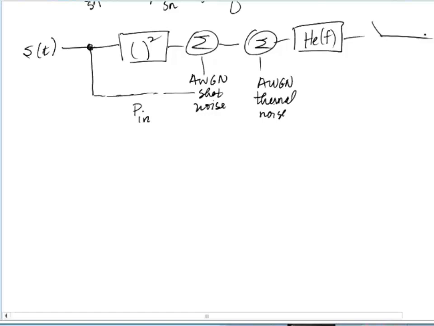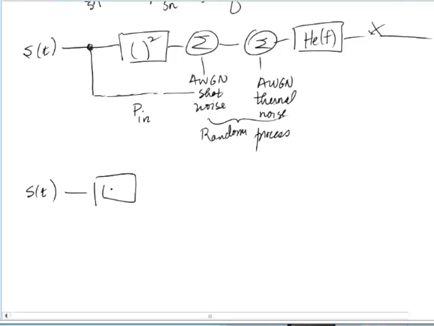and do our sampling. In this case, we're generating a random process, which is somewhat more difficult. So often what we'll do in a simulator is something equivalent. We'll take the signal, square it, filter it, and then sample it and add noise samples. So instead of adding a random process, we'll add some random variables.